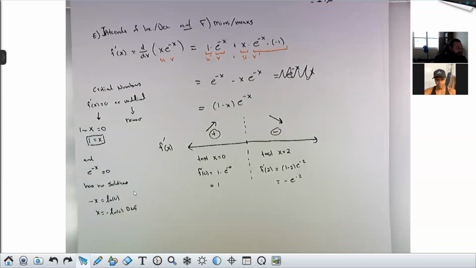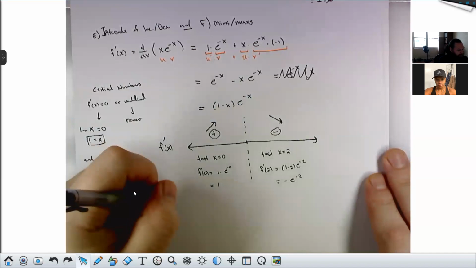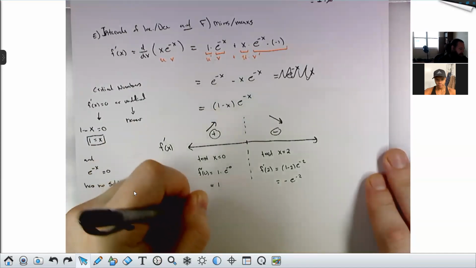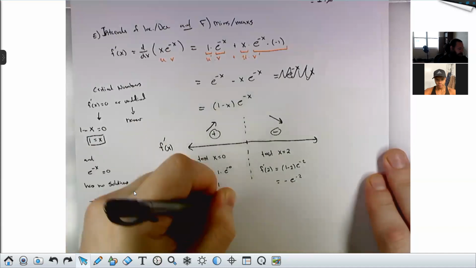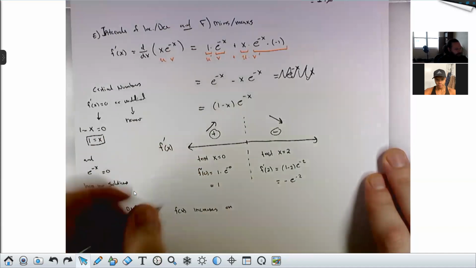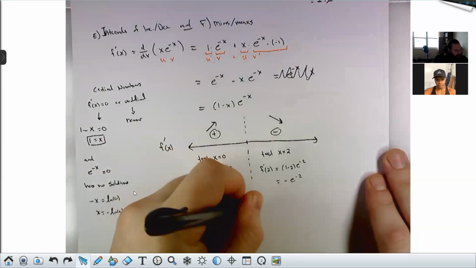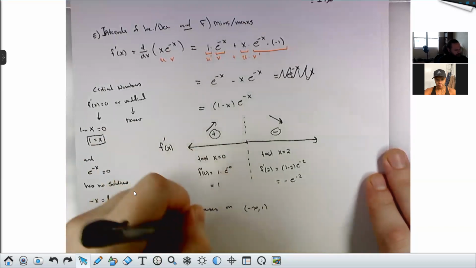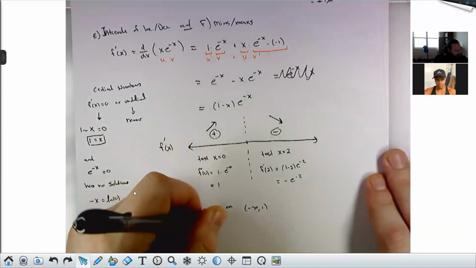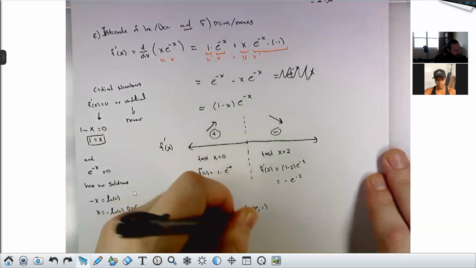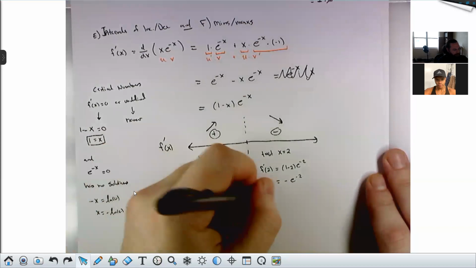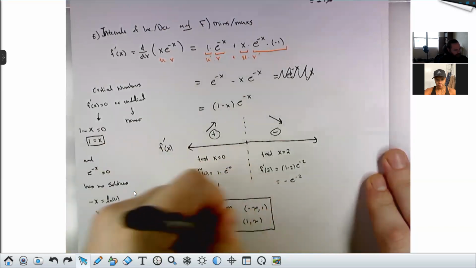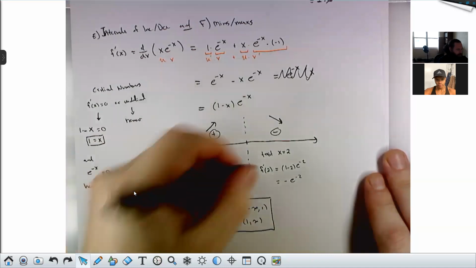So now I know where f is increasing and where f is decreasing. F of x increases on the interval negative infinity up to 1, and f of x decreases on the interval 1 to infinity. There's something else that we've learned here also.